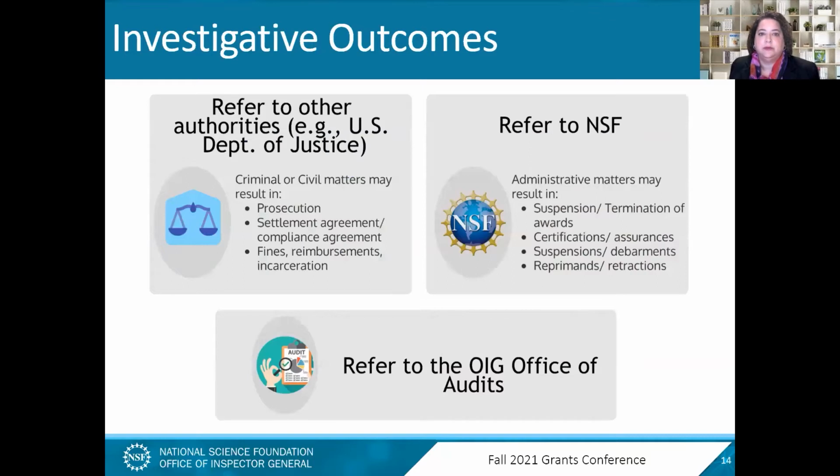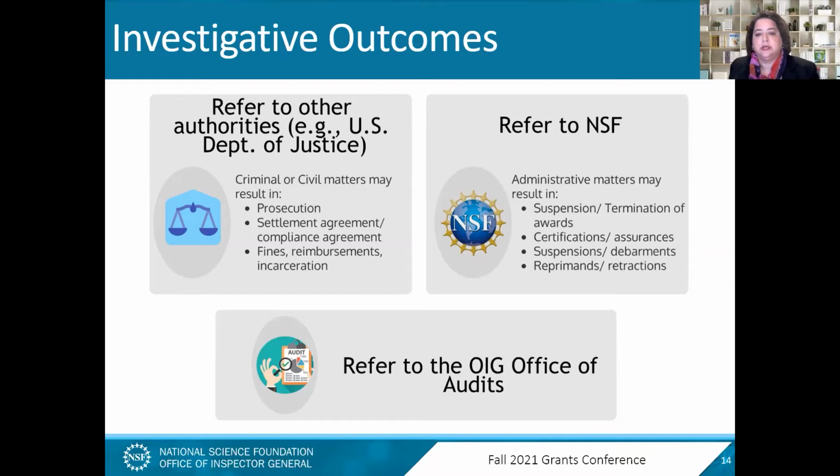So as I briefly mentioned above, there are a number of outcomes that our cases may have. They're not mutually exclusive. We may have a case that resulted in civil prosecution or a civil settlement and compliance agreement. We may also refer that to NSF and suggest that a PI who was naughty have the award terminated, or be required to submit certifications and assurances for a number of years going forward.